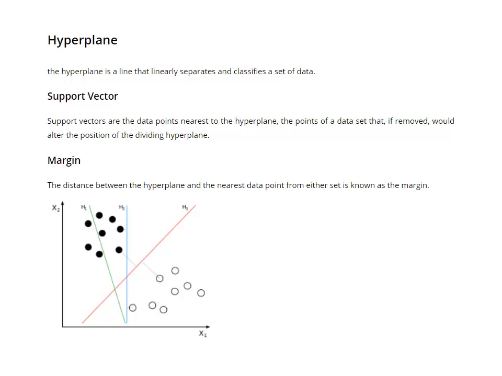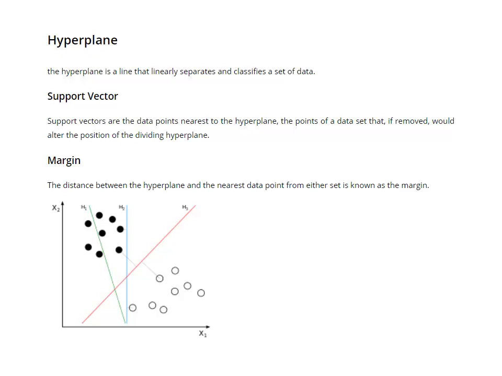The hyperplane is a line that linearly separates and classifies a set of data. Support vectors are the data points nearest to the hyperplane, the points of a dataset that, if removed, would alter the position of the dividing hyperplane.